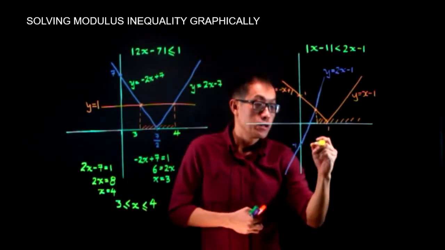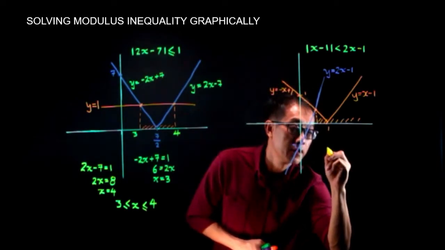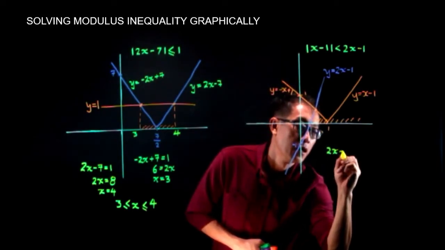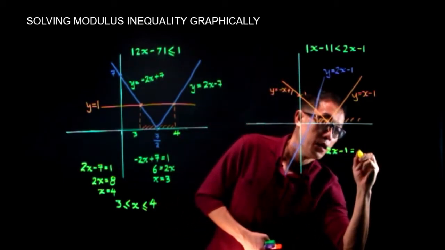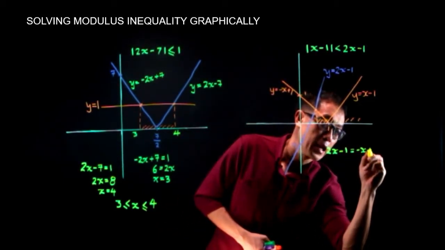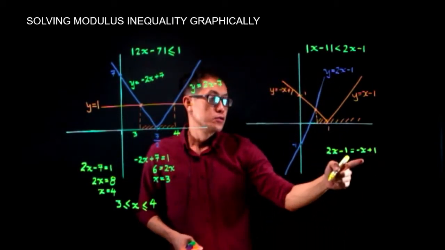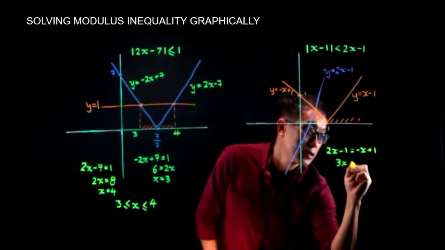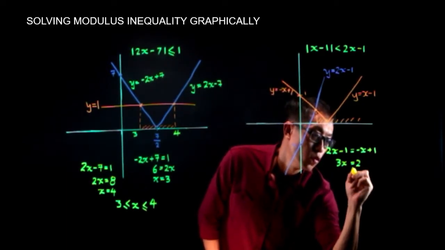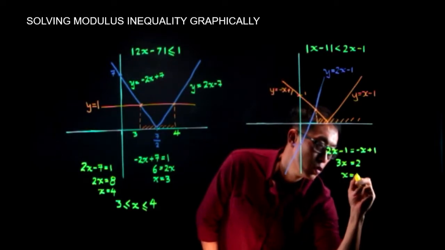So you have 2x minus 1 is equal to minus x plus 1. So you bring over, you got 3x is equal to 2. x is equal to 2/3.